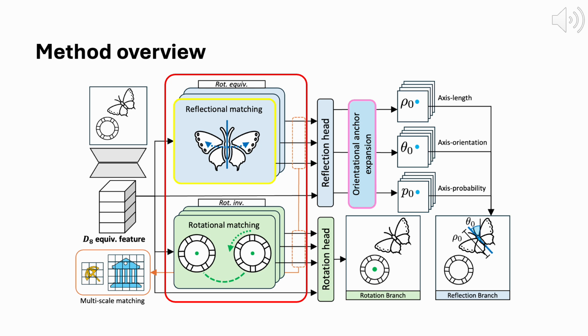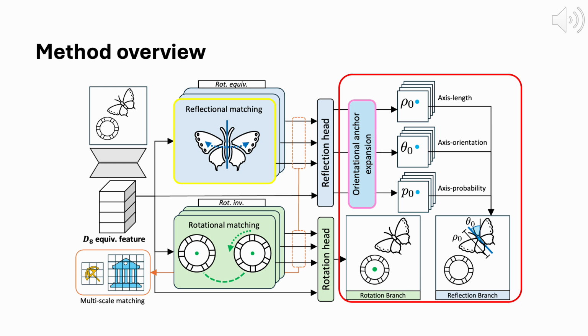Matching is done with multiple receptive fields for scale robustness. Finally, for reflection symmetry, the network predicts the axis center probability, the axis orientation, and the axis length after the orientational anchor expansion. For rotation symmetry, the network directly outputs the rotation axis after the matching stage.